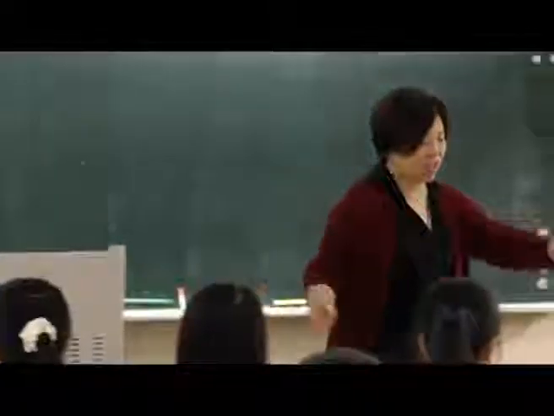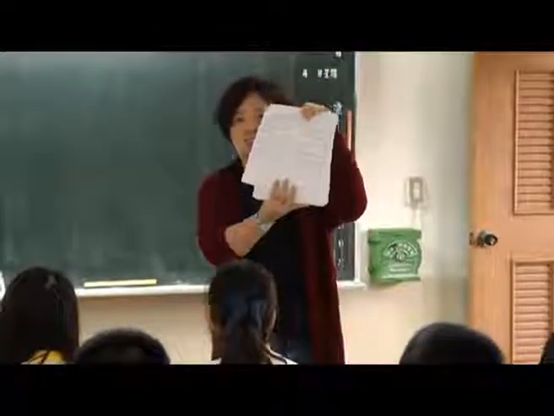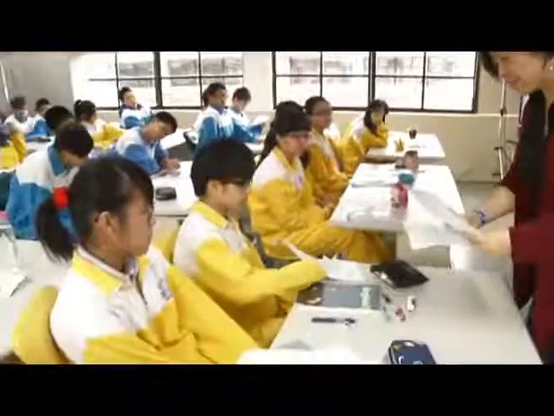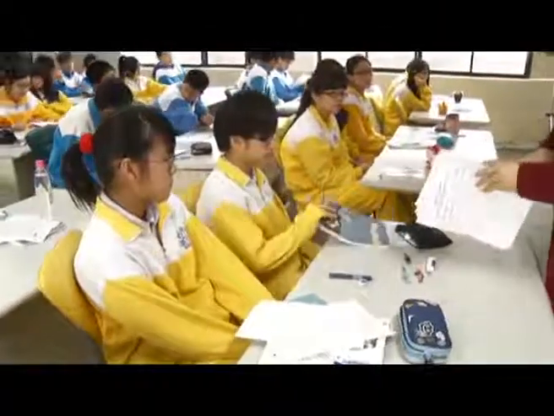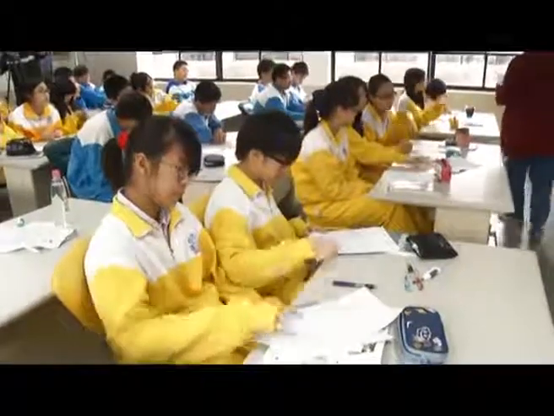Now the students are going to look at the text again, this time in more detail. To help them do this, the teacher gives them a worksheet with comprehension questions. She does not insist on silent reading. She lets the students work in groups so they can read the text again and complete the questions together.